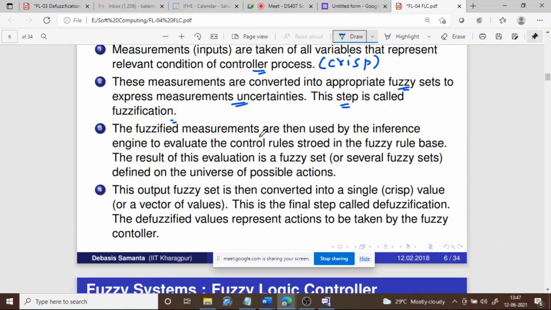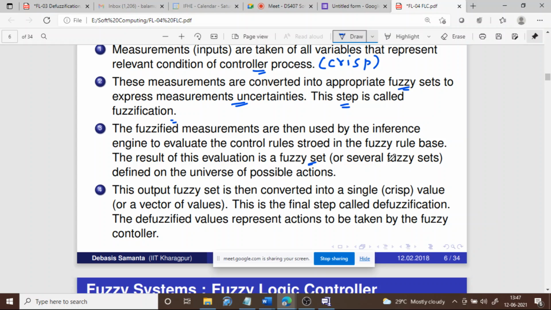The fuzzified measurements are then used by the inference engine to evaluate the control rules stored in the fuzzy rule base. The result of this evaluation is a fuzzy set. So it goes through the inference engine, some processing through the fuzzy rule base, and the output also will be a fuzzy set.